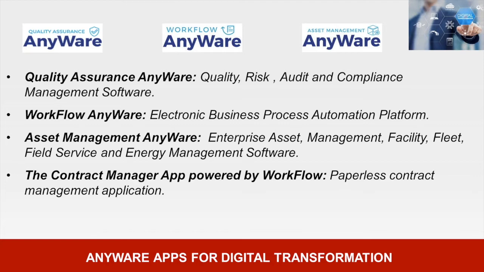And if there is any result coming out of your quality control operation, out of range, out of spec, then Quality Assurance Anywhere can take over from there to help you take corrective actions and better things. And finally, Asset Management Anywhere is designed to help you manage your predictive quality management operations.